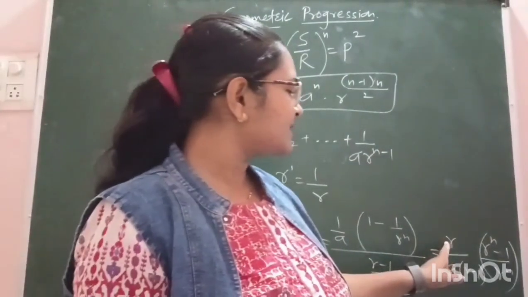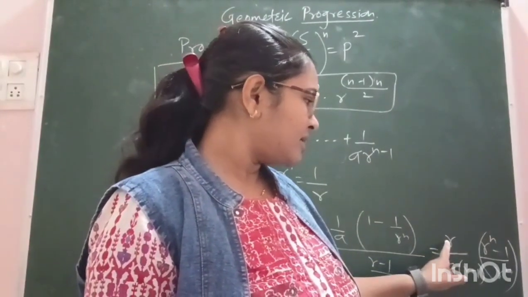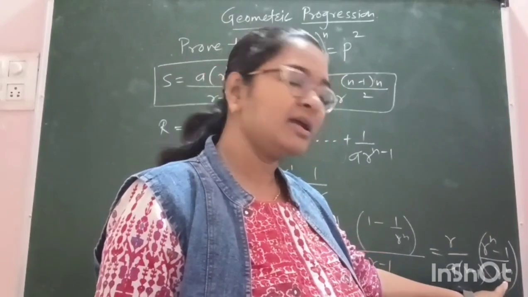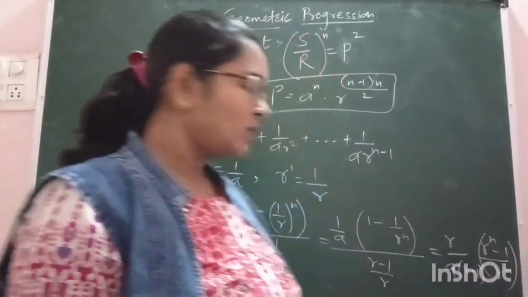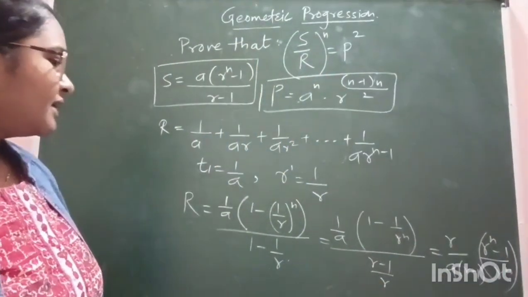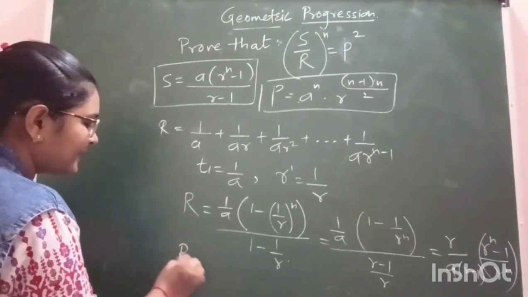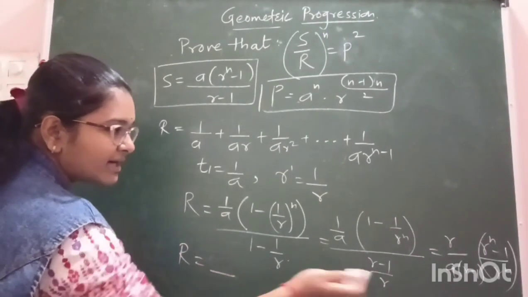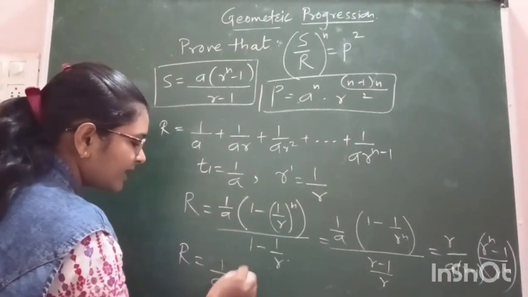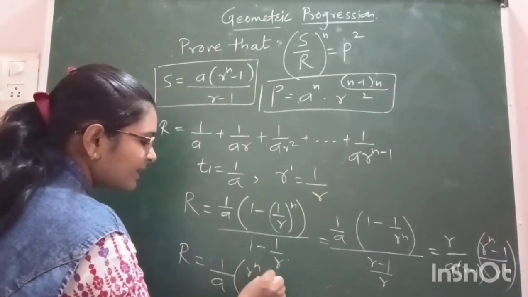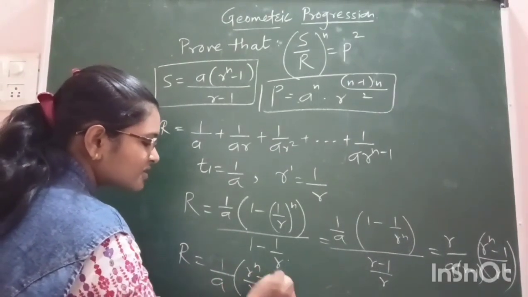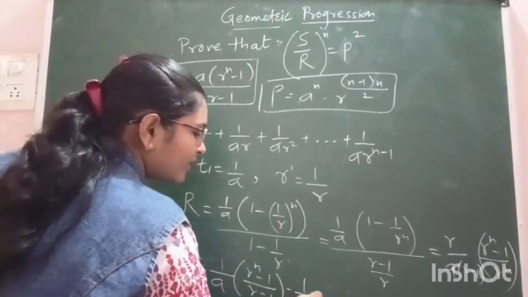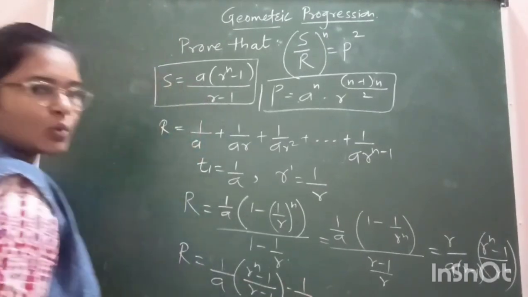Now here we can take this r here, and we are getting r raised to n minus 1. Okay, so what will be the capital R? Capital R will be r upon, we will take r downside, 1 upon a into r raised to n minus 1 upon r minus 1 into 1 upon r raised to n minus 1.